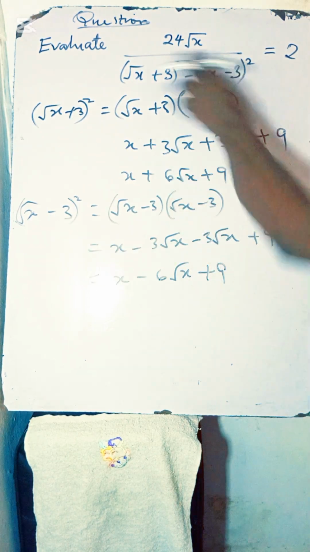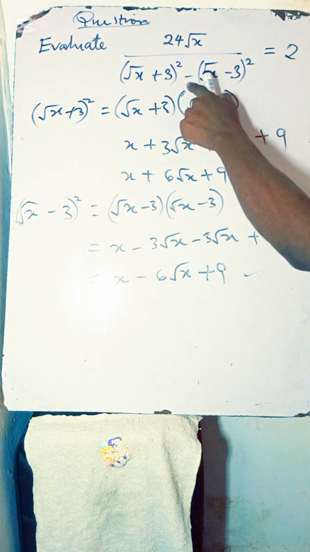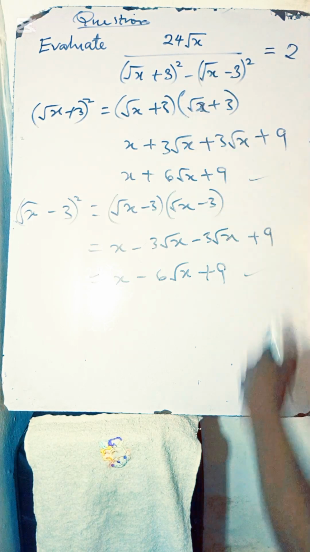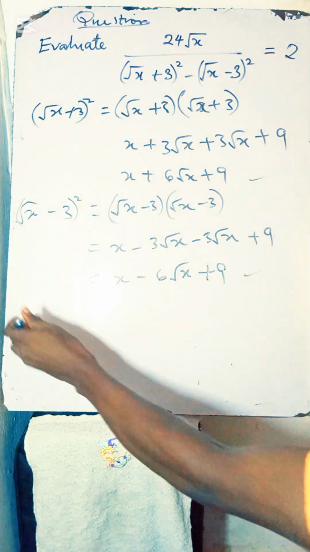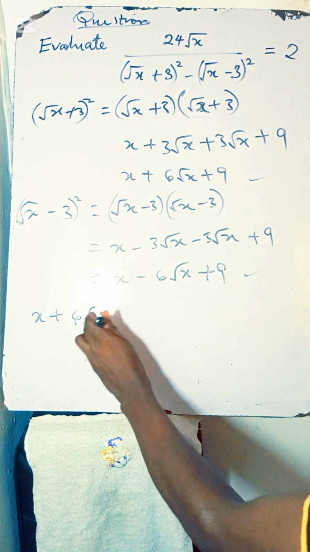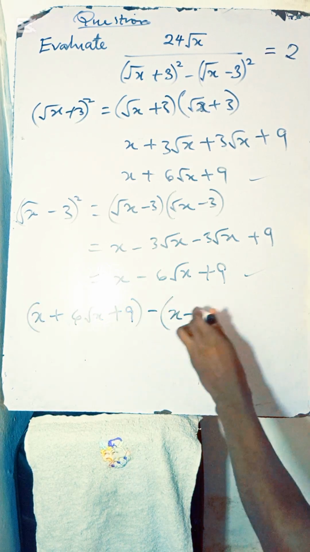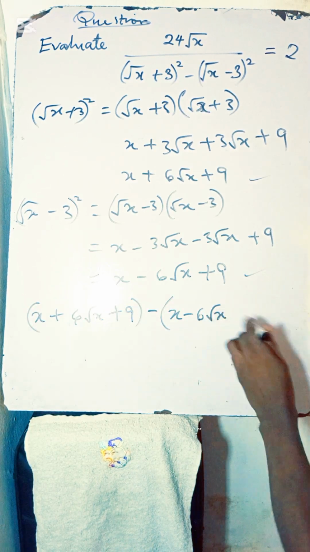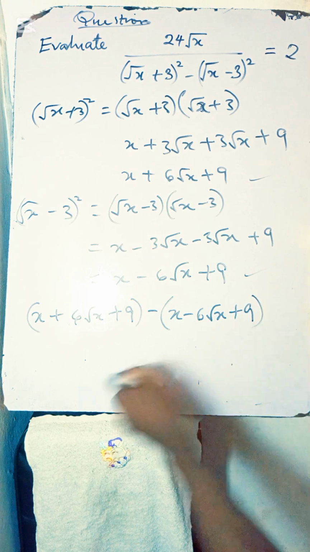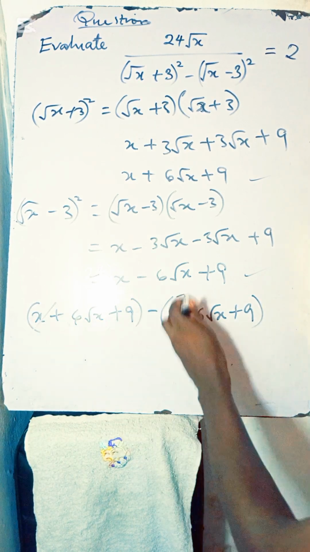We're taking this away from the first one. This is the first one, this is the second one. The minus sign in between them is making us take it away. So we are going to have x plus 6 root x plus 9 minus x minus 6 root x plus 9. So we are taking this away from this, and x minus x becomes 0.